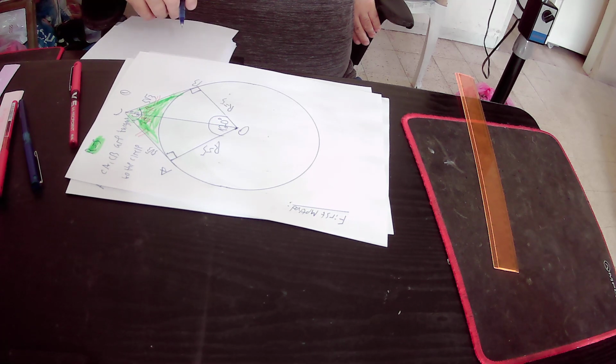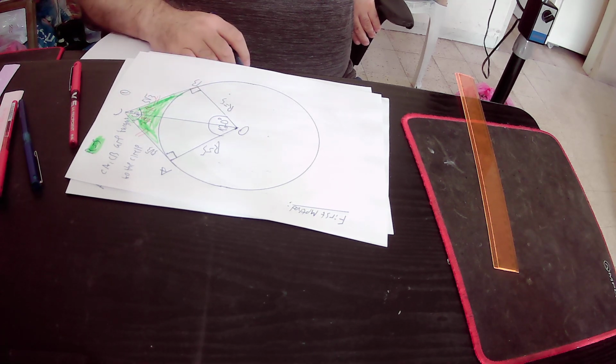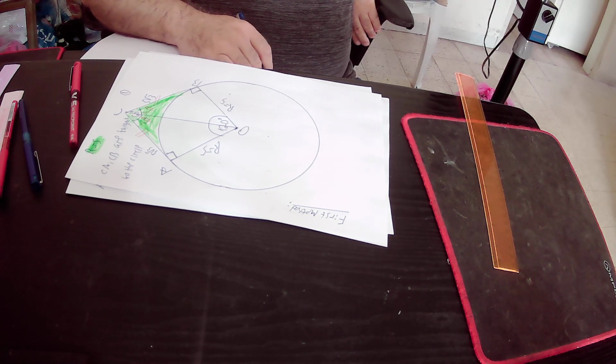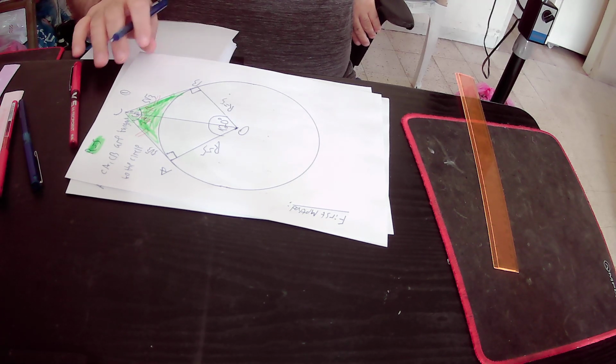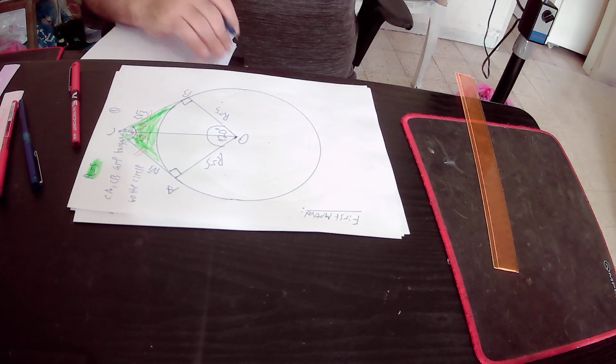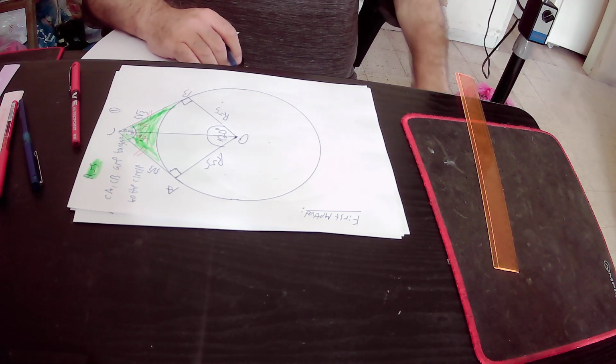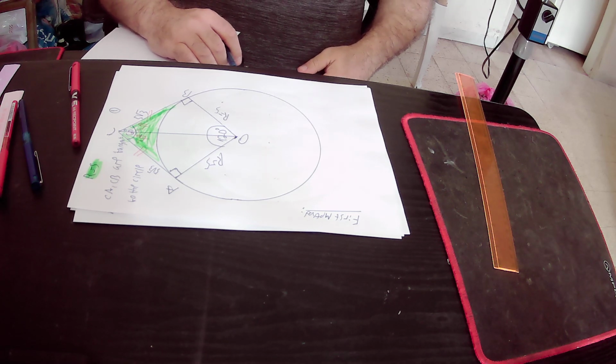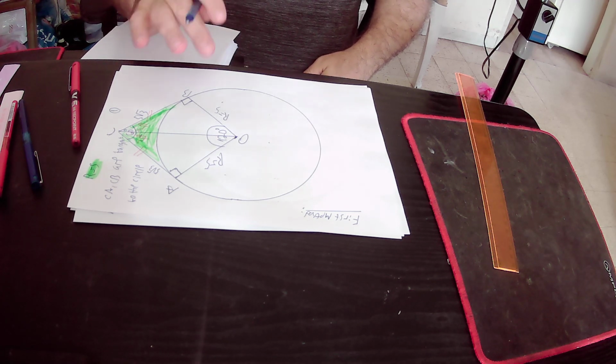But what is the area of the green shape? The area of the green shape will be equal to the area of quadrilateral ABCO minus the area of sector AOB.